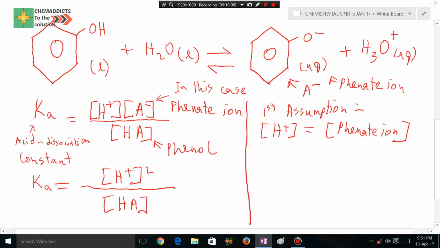Why? That's because very little H plus ion comes from water, so that doesn't make any difference in concentration. The concentration stays the same. That's the reason behind this.